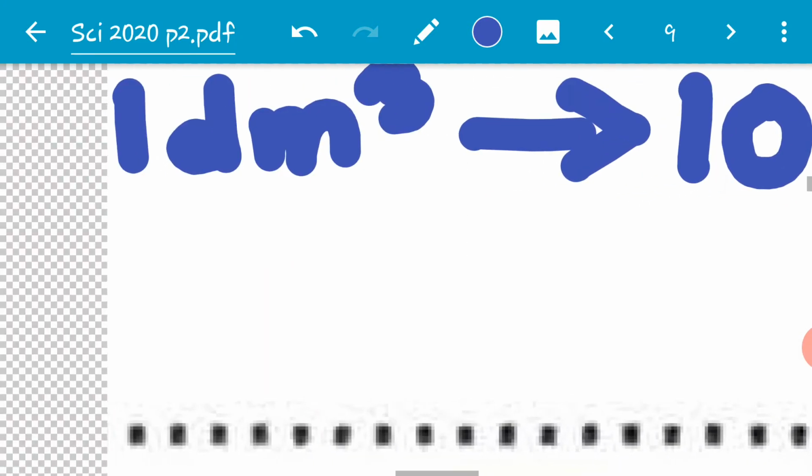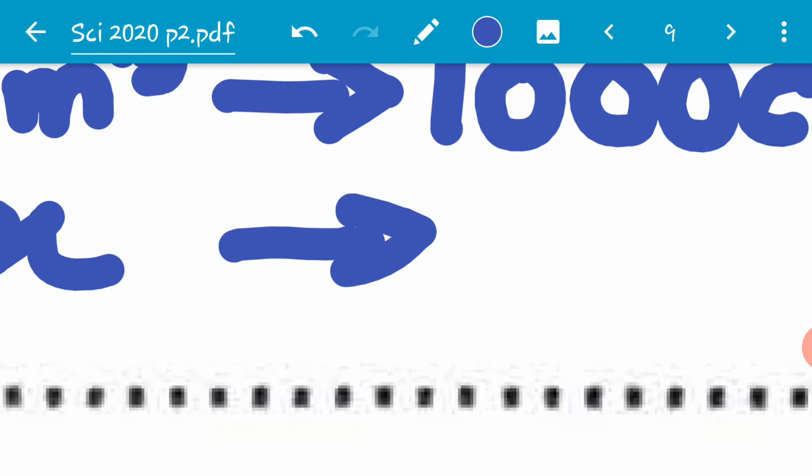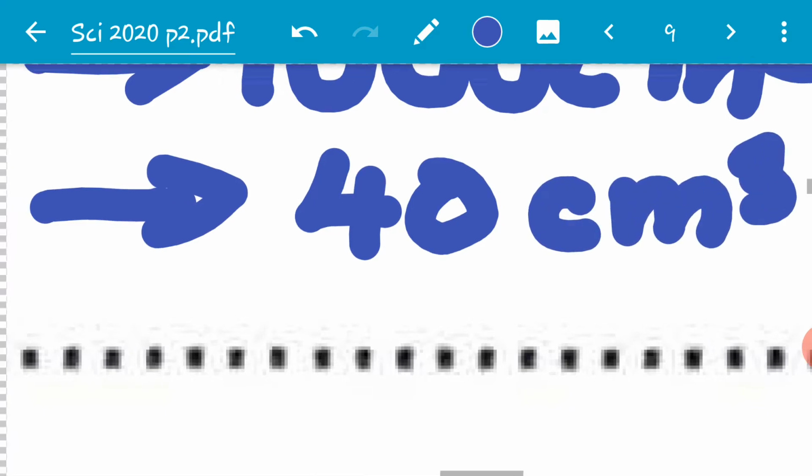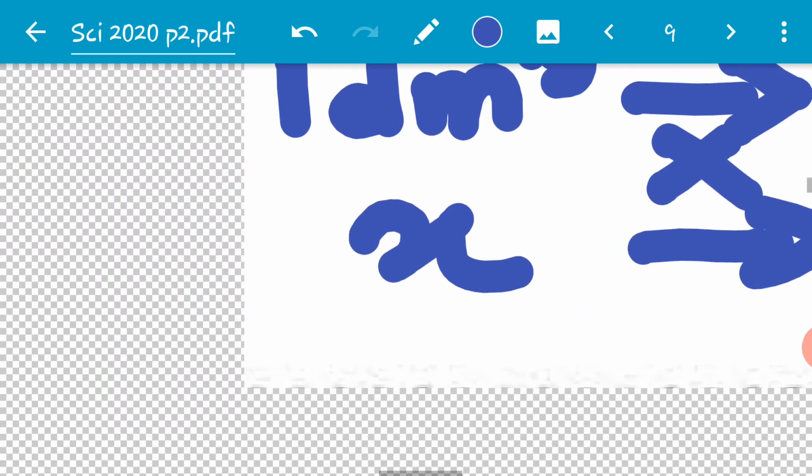So what we do is we put x cubic decimeters will give us 40 cubic centimeters. Now, if we cross multiply, we are going to have that x is equal to 0.04. So we have volume is equal to 0.04 cubic decimeters.